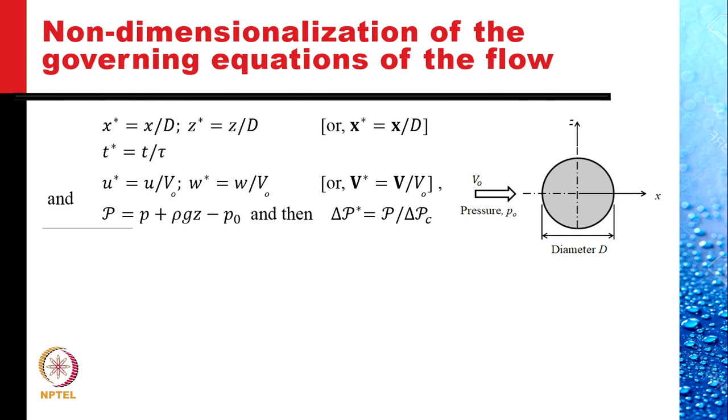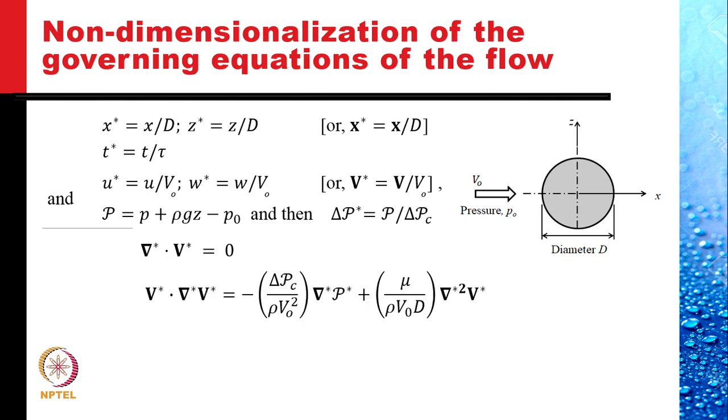As before, this is termed non-gravitational because under gravity in a stationary fluid, this parameter P remains constant. And we use delta Pc as the characterizing pressure difference. That Pc is still unknown.